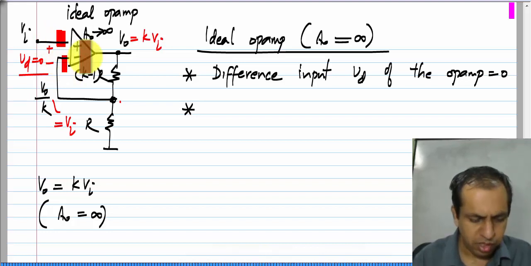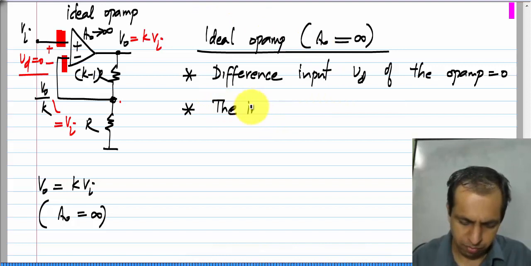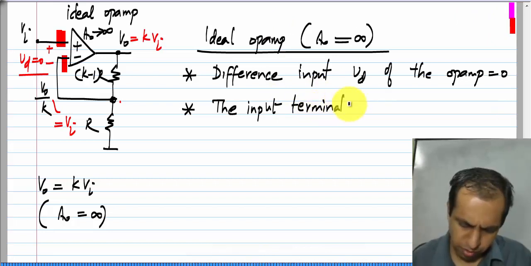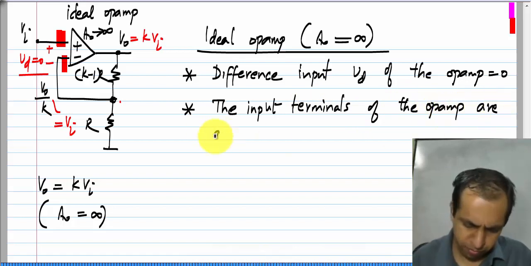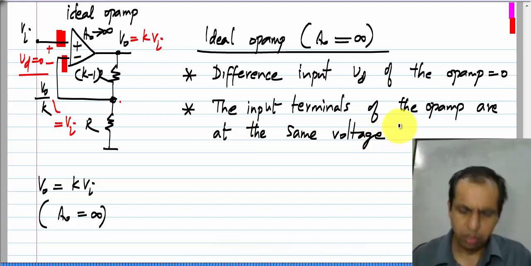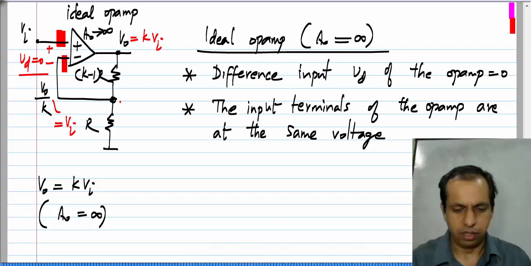So, that means that this terminal and that terminal are at the same voltage. Remember, this is a consequence of A naught being infinite.